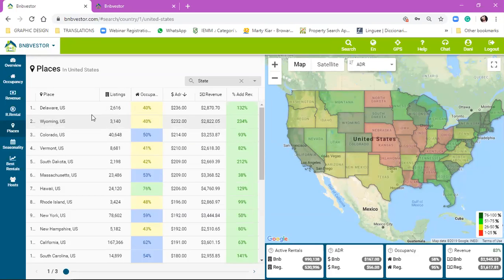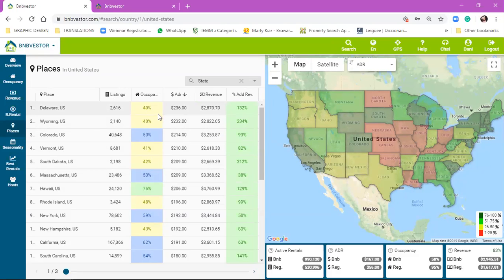Of course, you can see that their listings are not high ranking and their occupancy is particularly low. So this may be analyzing the state. It may be that there are two seasons or one season in each of these states, and you can see that there's not so much, and they have a high average daily rate.